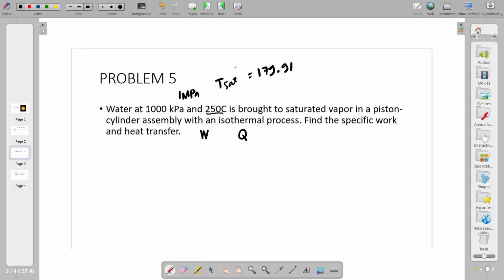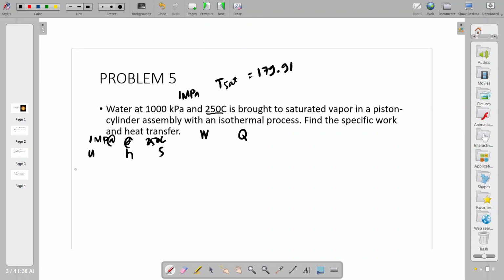So, pag hinanap natin yung 1 MPa at 250 Celsius, ayan, 250 Celsius, ang kailangan natin values ay yung U, H, at saka S. 1 MPa at 250C.